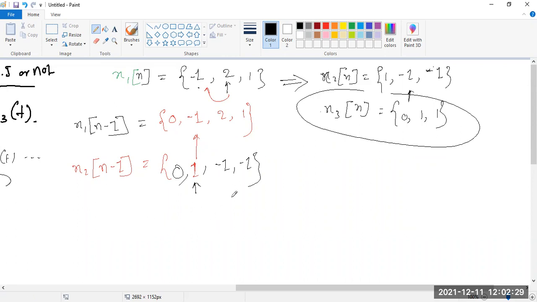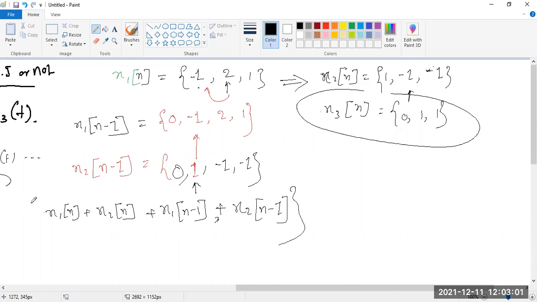If we add this, then what happens? x1[n] plus x2[n] plus x1[n-1], sorry, plus x2[n-1].